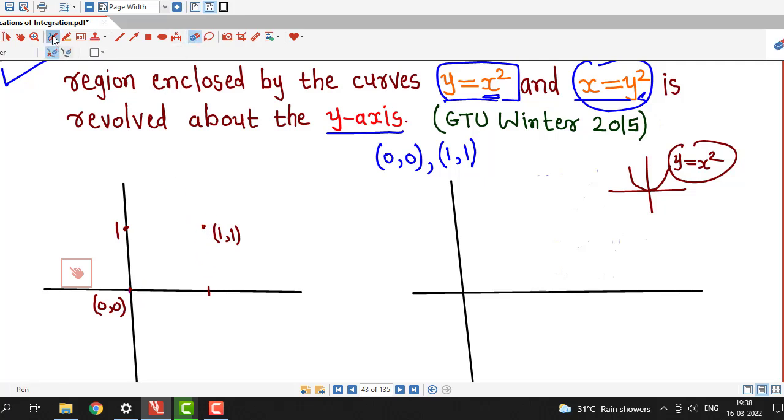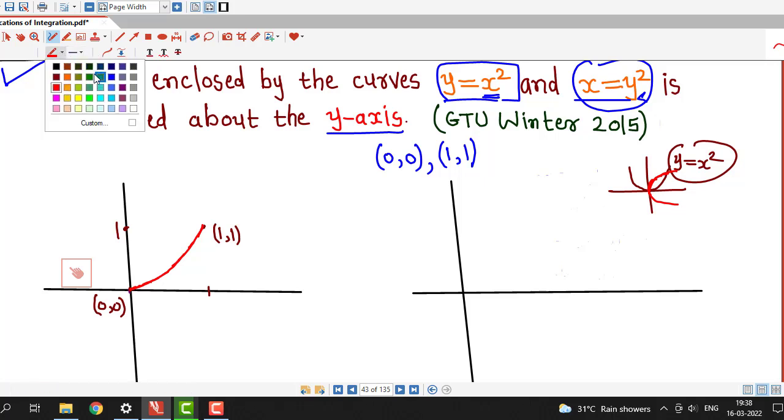Let me sketch properly. Y equal to x square may look like this. It should not look like a straight line. And y square equal to x is this type of parabola which opens to the right.